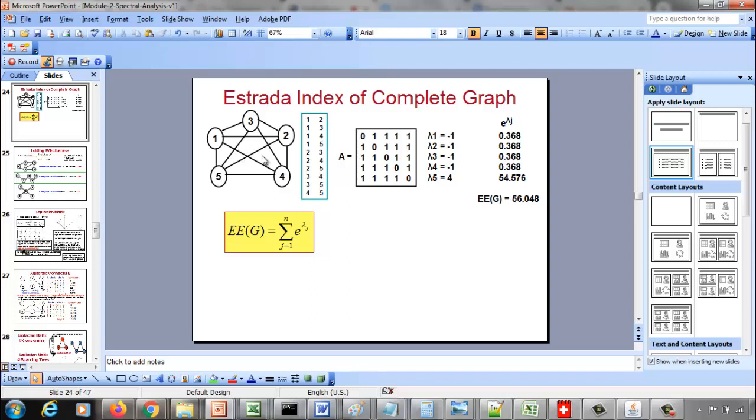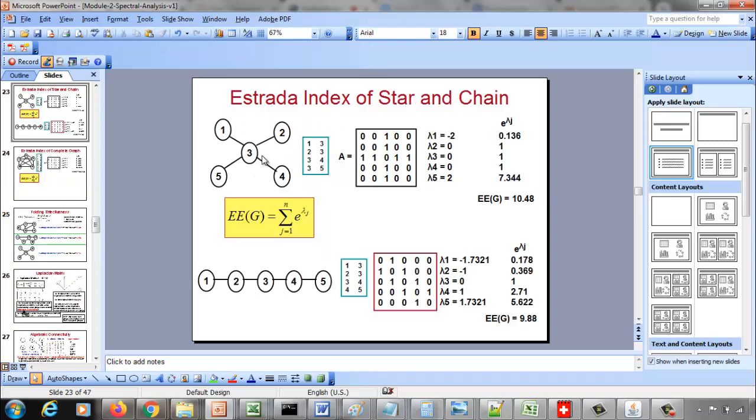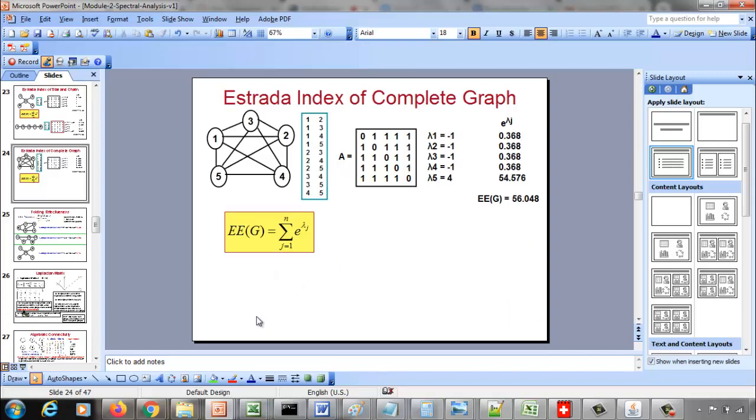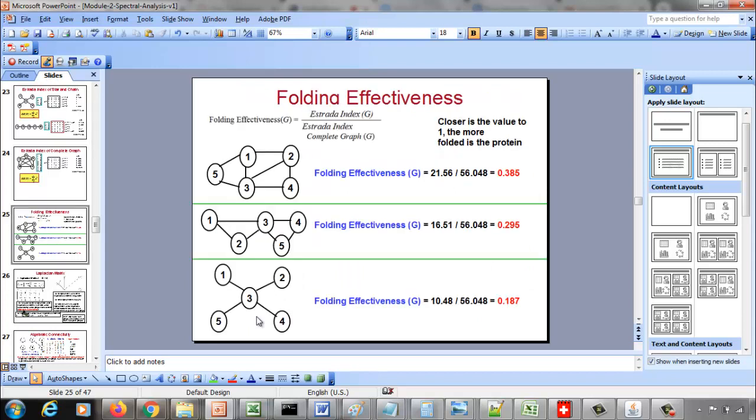Now the other extreme you could visualize is something like a chain. This is the minimum you need to have a connected protein. So this is not at all good folding, whereas this is the best possible folding we could have. So what we want to capture is, given a graph like this, where it stands in between these two extreme cases.